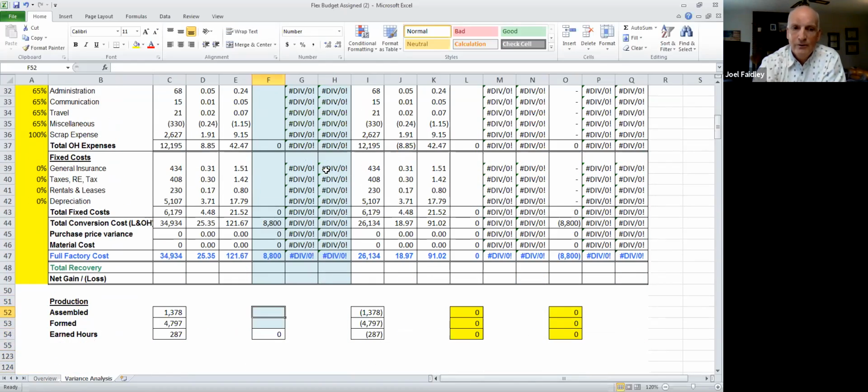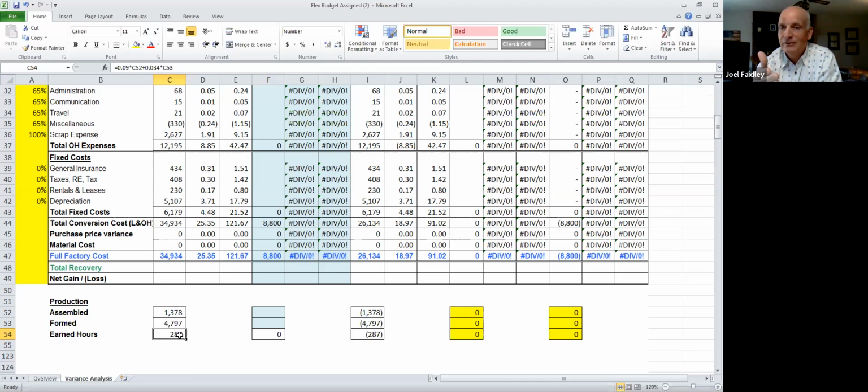All right. Also at the bottom here, we want to see our production volume. We were budgeted to do 1,378,000 and 4,797,000, what's called form, meaning putting acid in it. And the earned hours, which says what? That says that's how this thing should flex.